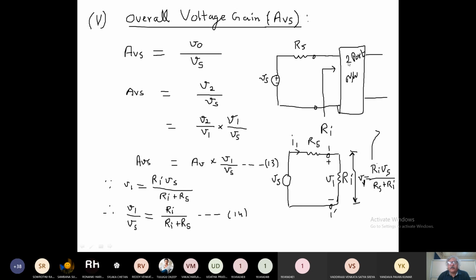So here you can draw this by Vs, Rs and Ri.